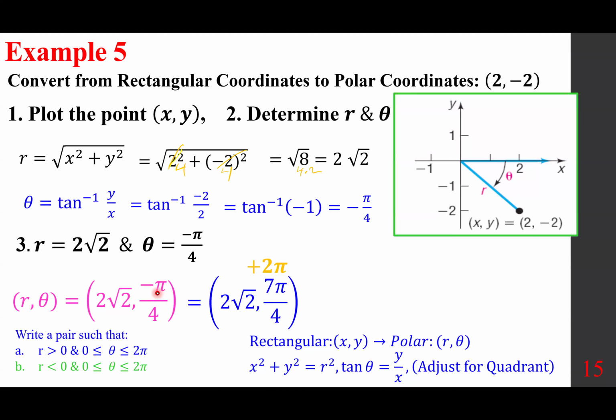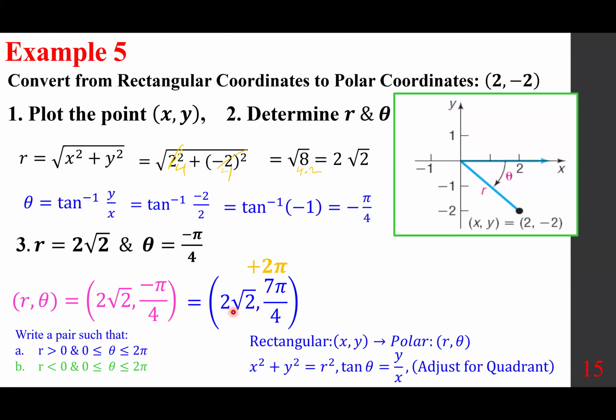So that's this case. On the other hand, if we want r to be negative, we make this one negative, and then we just add, and again you want it to be between 0 and 2 pi, that means the first revolution. You have to add 2 pi to keep r positive, and you have to add odd multiples of pi for negative r.